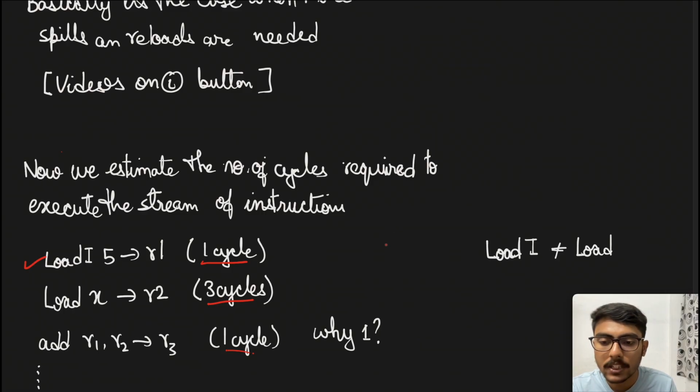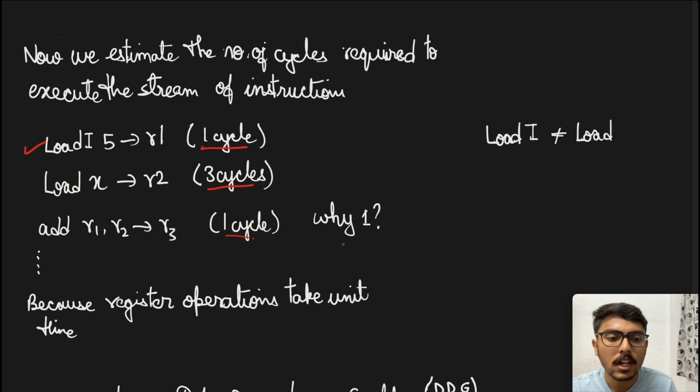So each operation in a register, whether we want to add or subtract or whichever operation is possible, will just take one cycle of the CPU. That is why this is 1, and register operations take unit time, right? So this is what we have, and we need to remember that load I is not equal to load. This is a common mistake which people make.